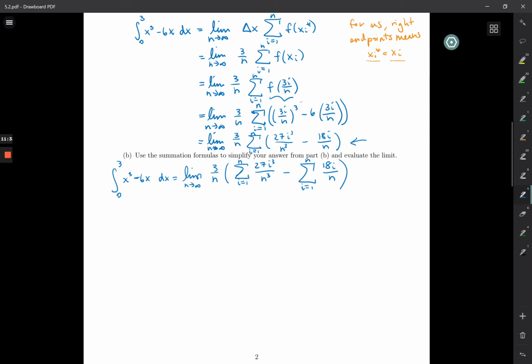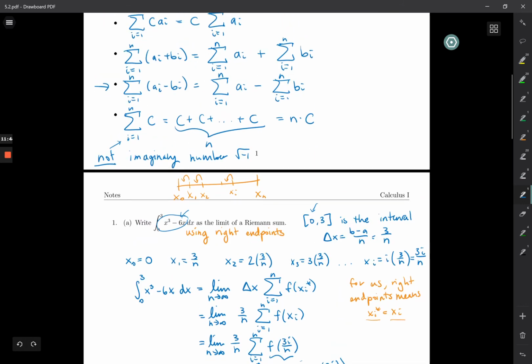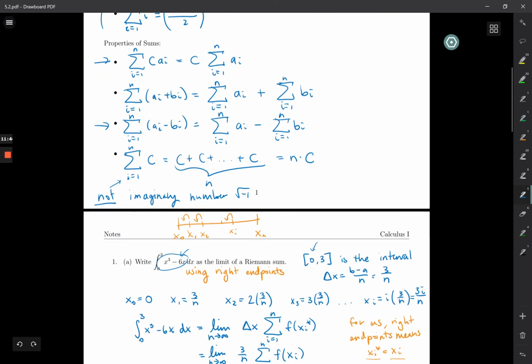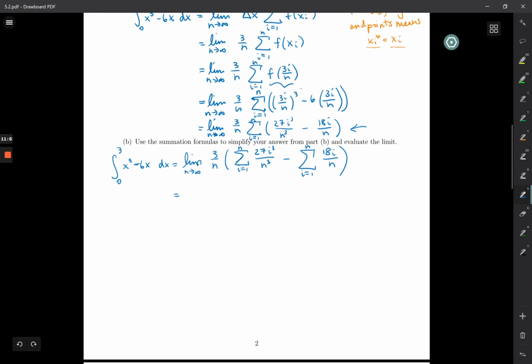Now what we can do is use this property of the sum, where we could pull out a constant. So I will have 3 over n times, here the 27 is obviously a constant, but also the n cubed is a constant.